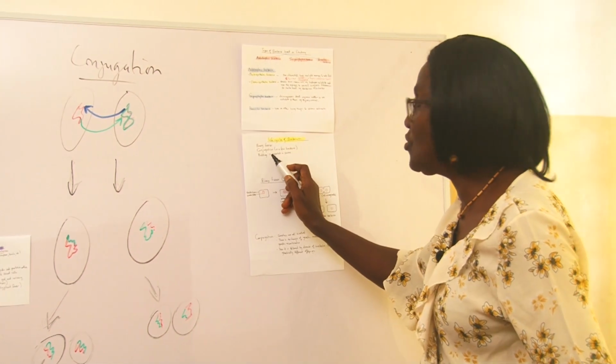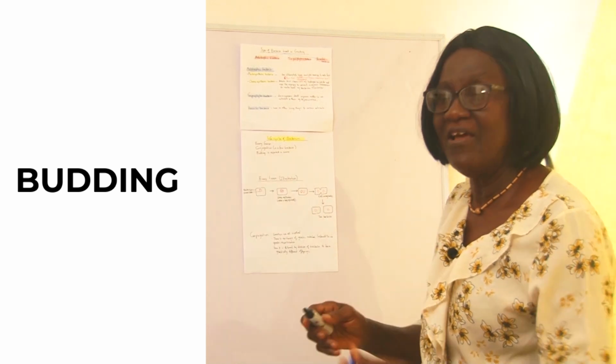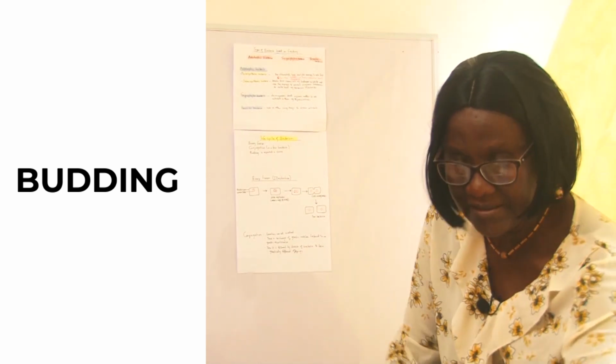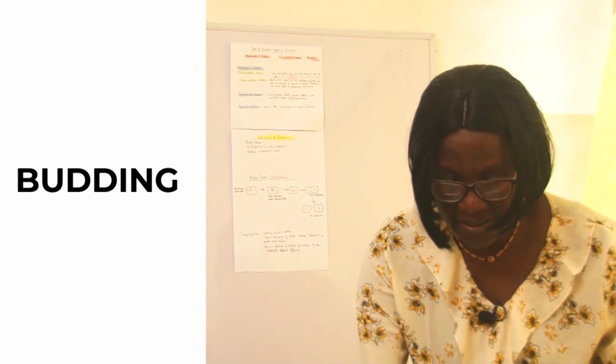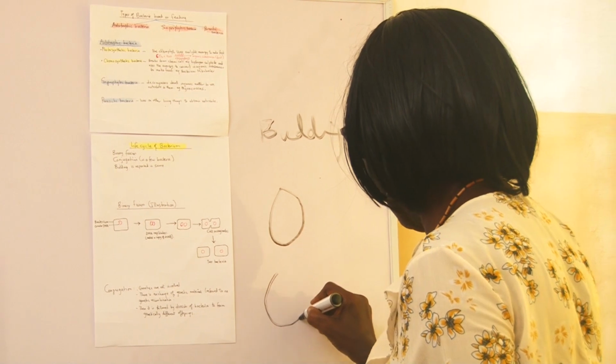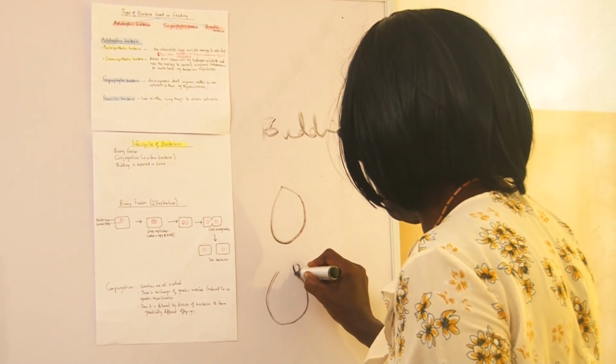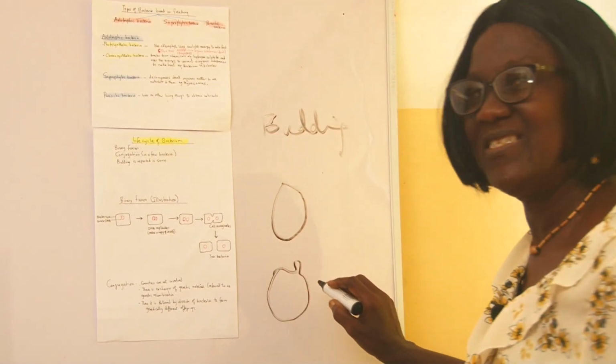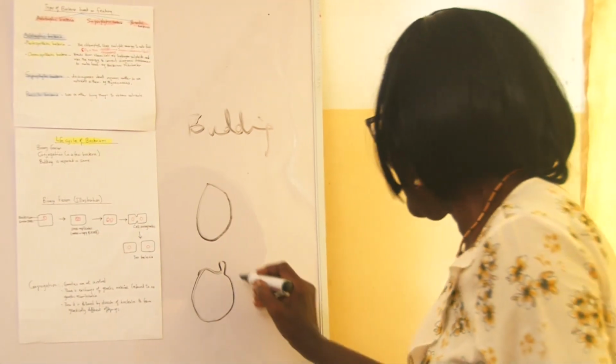Some bacteria also do budding, a few bacteria. Budding is very simple. It's just that this individual is there and somehow is able to produce part of itself, and this is the bud.